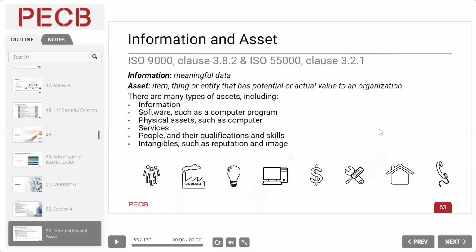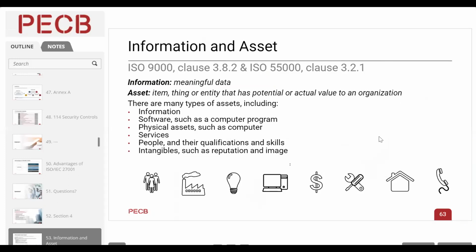There's a late question: are these two documents a key requirement for certification? Well, we would see this as a minor nonconformity, not a major nonconformity, if you don't have these policy statements that mandate you to set up the ISMS.